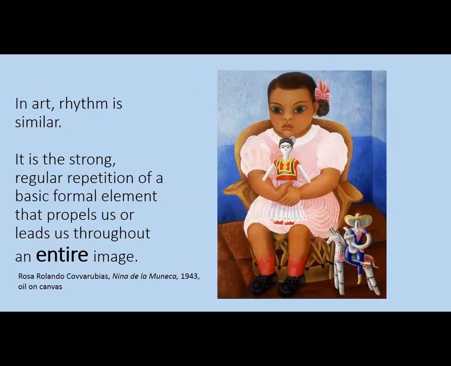It's kind of similar in art. Rhythm in art is the strong, regular repetition of a basic formal element that propels us or leads us throughout an entire image. The key word here is entire image.